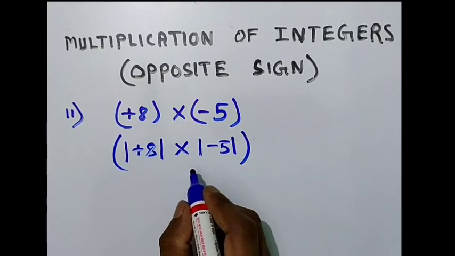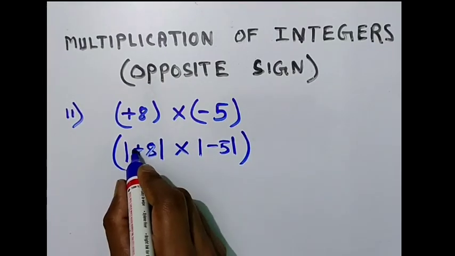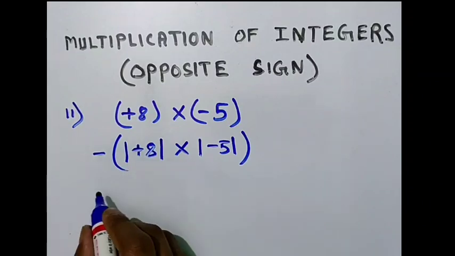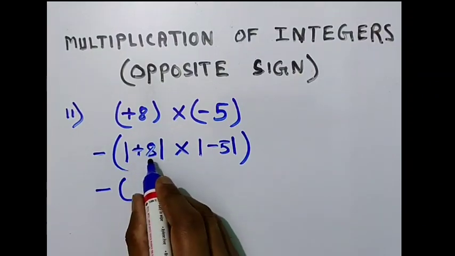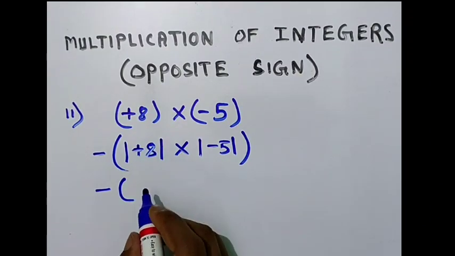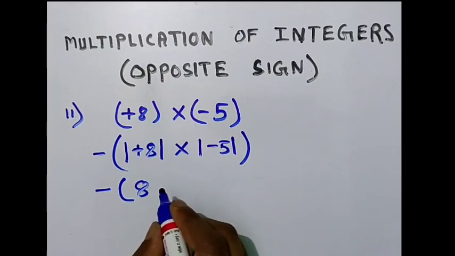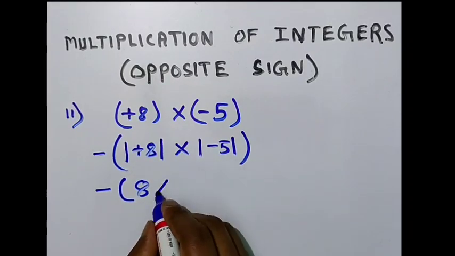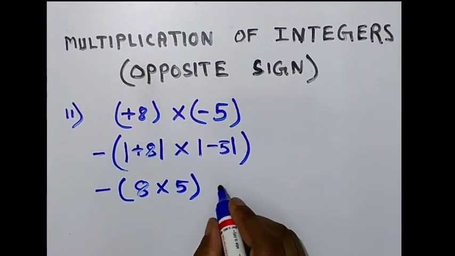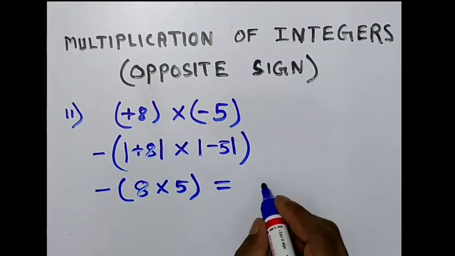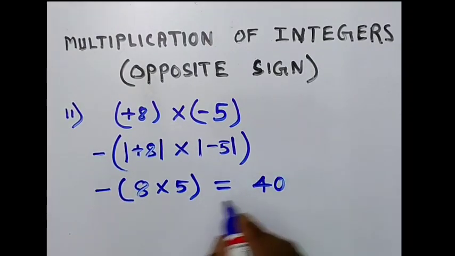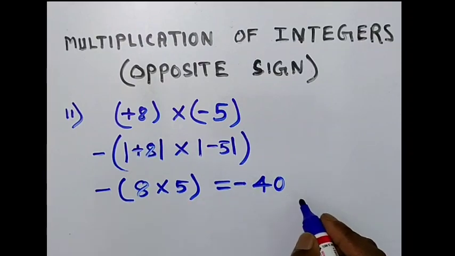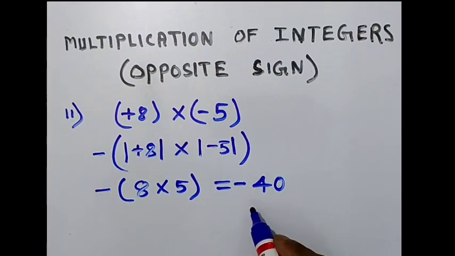And when we multiply, the result will be a negative integer. So we'll put a negative sign. So the absolute value of positive 8 is 8 and absolute value of negative 5 is 5. The result will be 5 8s are 40, and we'll add the negative sign. The result will be negative 40.